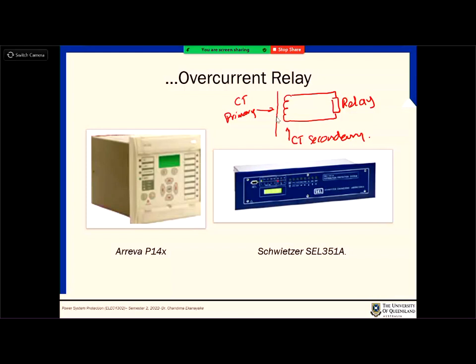Therefore, the secondary tries to create a current in the secondary circuit opposing the change of flux in the primary. Now what happens if you keep this open, then it can't push that current because it's an open circuit.